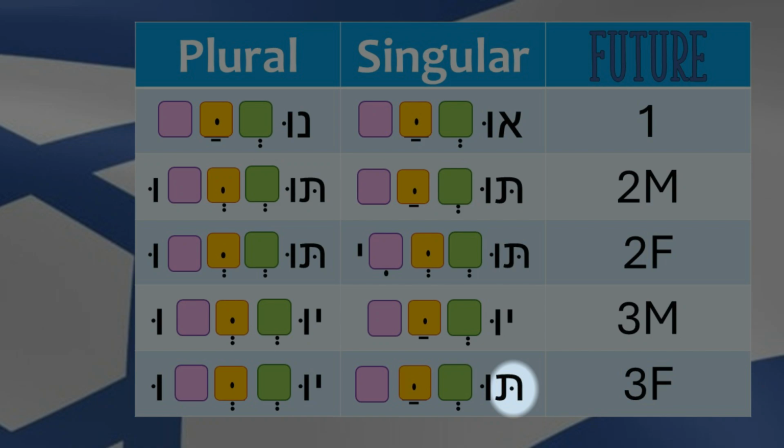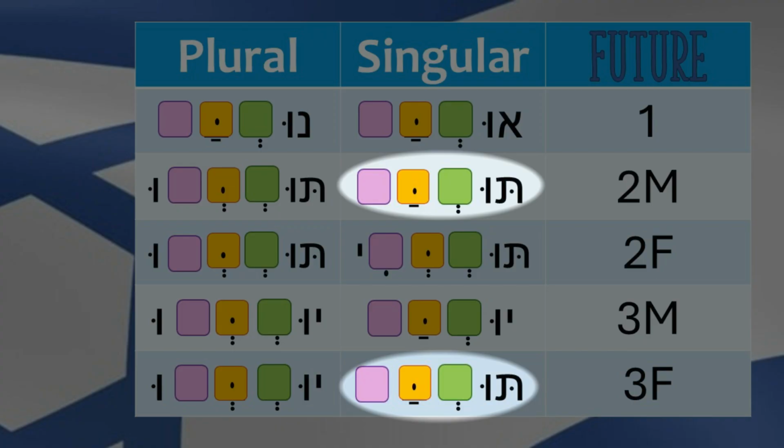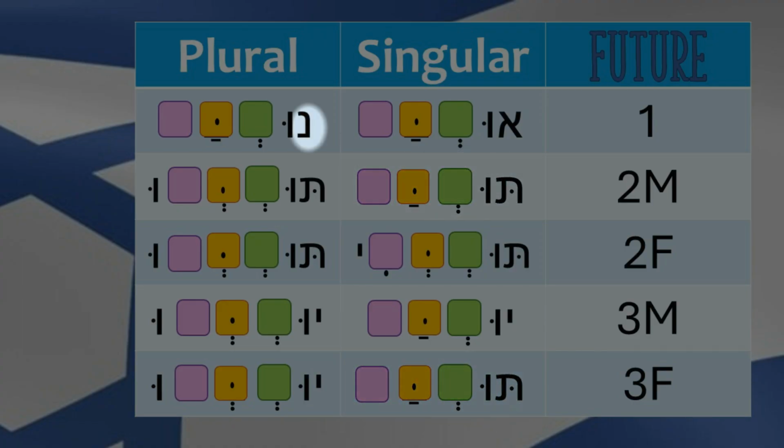For some weird reason, third person singular feminine always matches the second person singular masculine. So the he form always matches the ata form. And then first person plural is a nun.